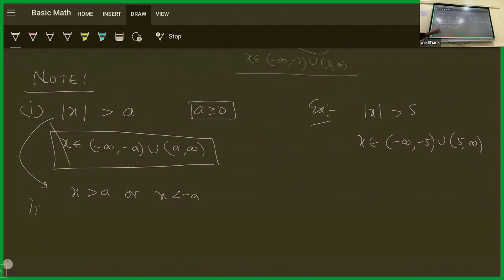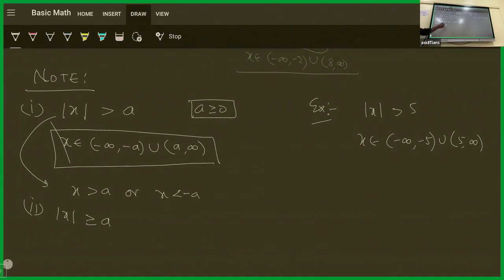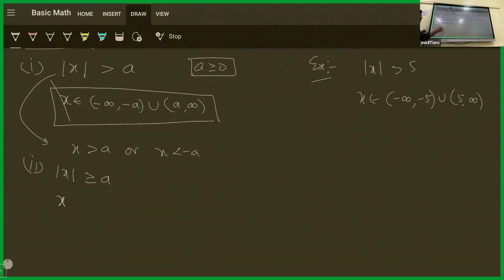अच्छा फिर इसके लिए बताओ अभी, if it is modulus of x greater than or equal to a, again a is positive, तो what do you say? So the only difference is, how we are going to write it, that either x is less than or equal to minus a, or x is greater than or equal to a.